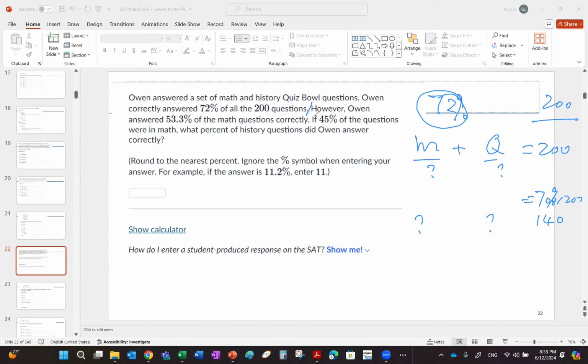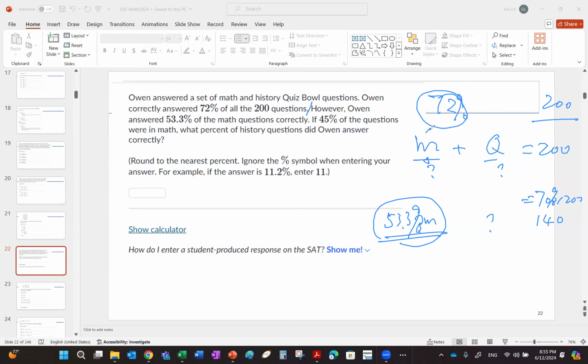So let's go next. However, Owen answered 53.3% of math questions right. So 53.3% of math questions are correct. If 45% of the questions are math, all right, so give our word problem's proper amount.